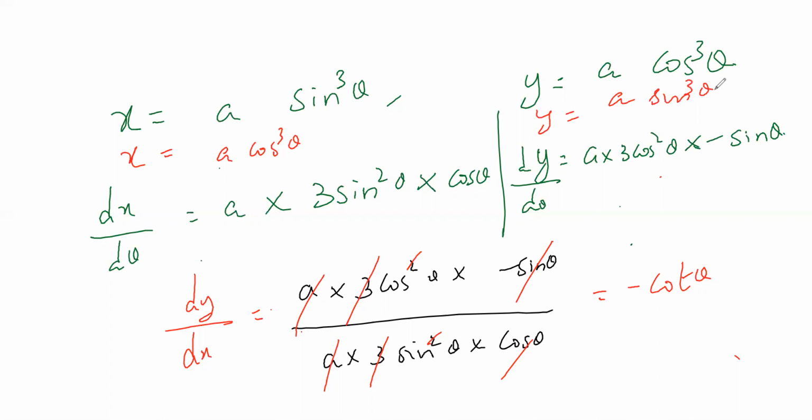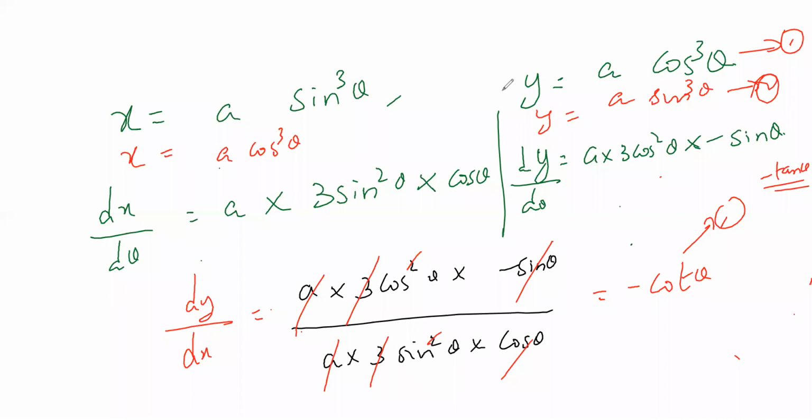If the second case is taken, this is for the first case. First case, this will be the answer. If I'm taking it the other way around, the answer may be minus tan theta. Correct? Yes or no? Yes. So it is minus tan theta or minus cot theta.